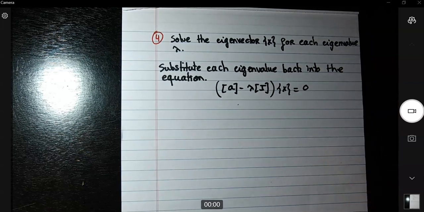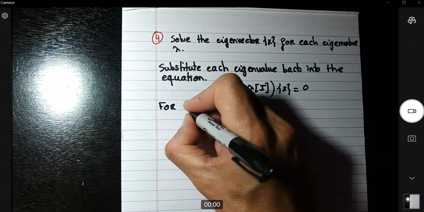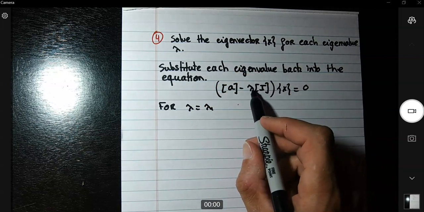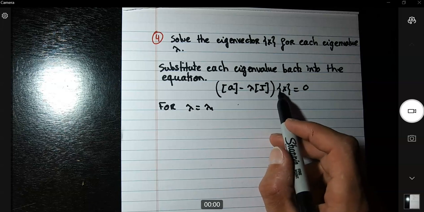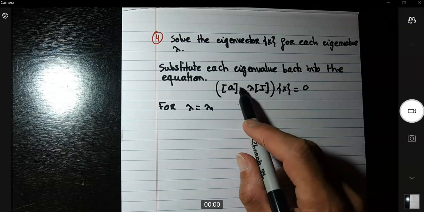So for example, here you will say for lambda equal to lambda 1, this will have a different value. So again, the solution of this system will be x equal to 0, the trivial solution, which you are not interested in, or you can find the values of x1 and x2 that will give you this equal to 0.